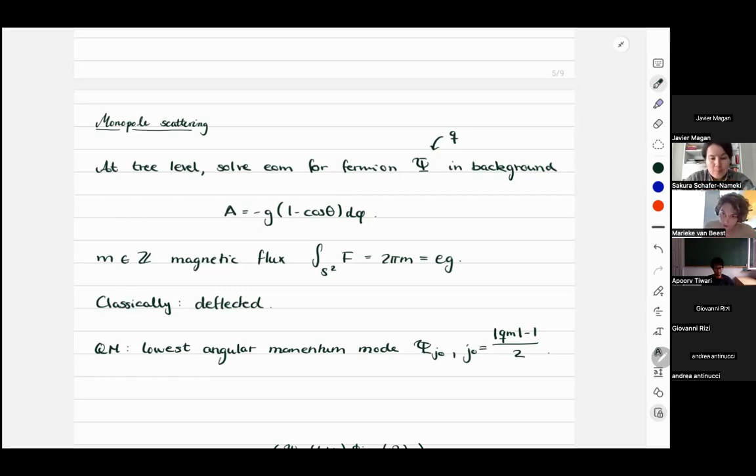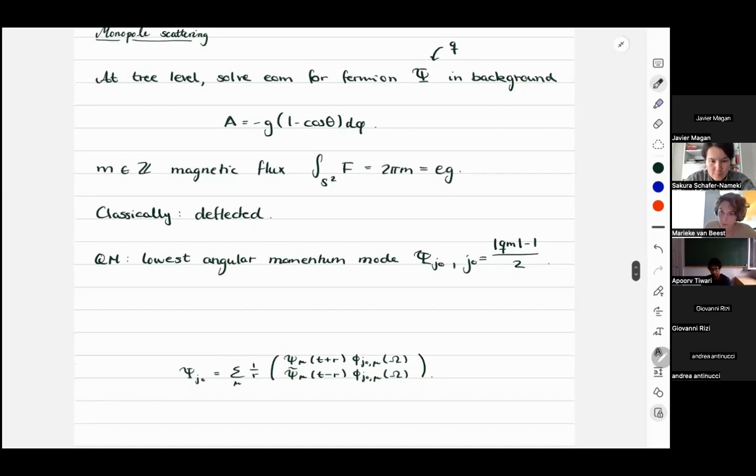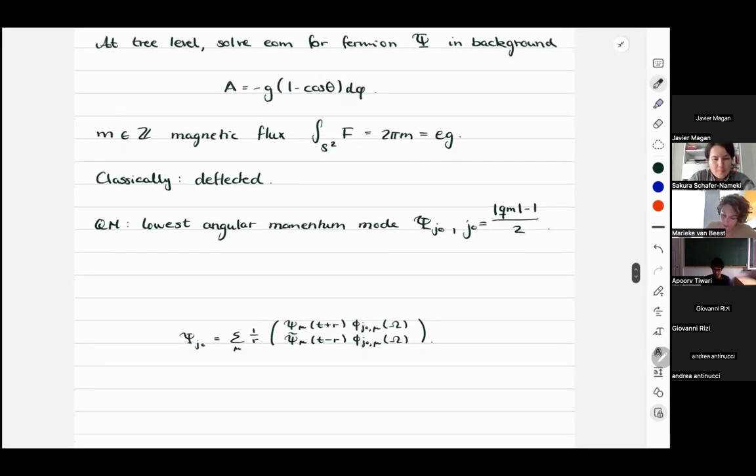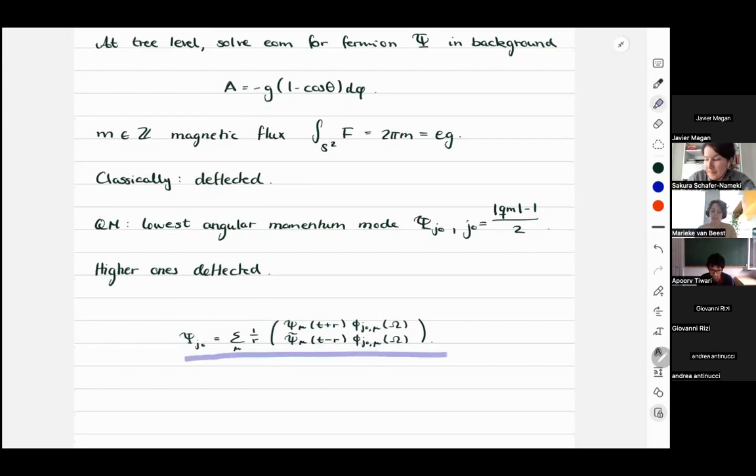And another very, very nice feature of this problem is that all of the others are still just deflected, right? So higher modes are deflected. But the solution to this problem for the lowest angular momentum mode turns out to show that it can actually interact with the core. And furthermore, it has a very nice feature, which is that infalling and outgoing motion is correlated with the handedness.